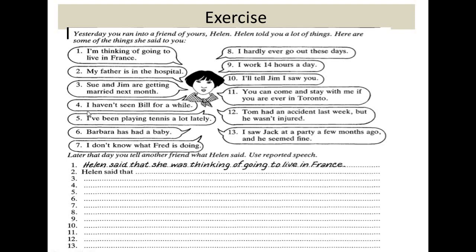So Helen said that she hadn't seen Bill for a while. So here haven't becomes hadn't. Okay, I've been playing tennis a lot lately. So here Helen said that she had been playing tennis a lot. Barbara has had a baby. So here Helen said that Barbara had a baby.